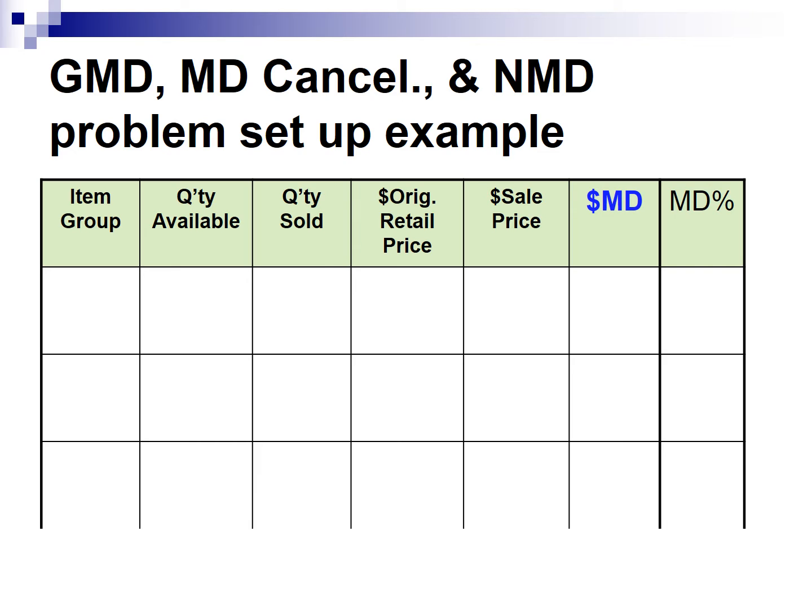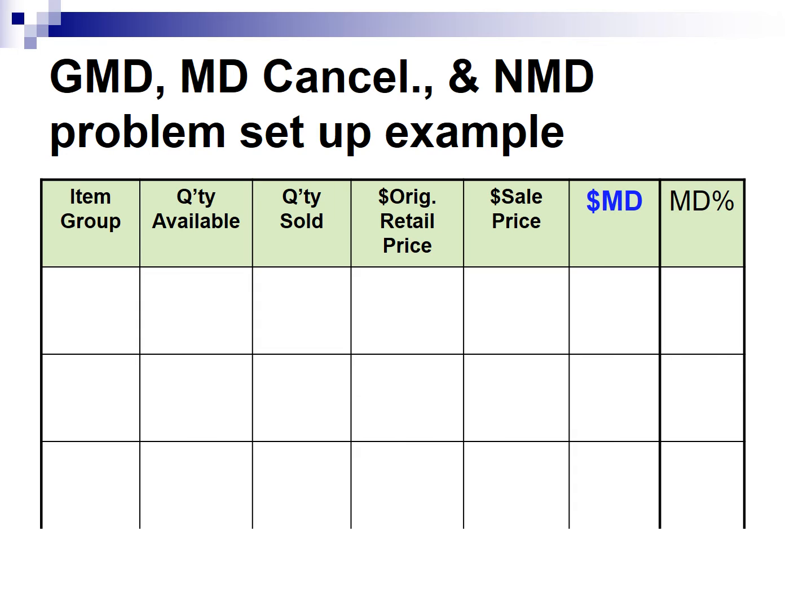I shared a spreadsheet that looks like this in the last module when we did some calculation for the gross markdown. But when it comes to net markdown calculation, it becomes even more important. The setup that I recommend you to use is something like this. This way you will be able to keep all the information straight and not miss anything.